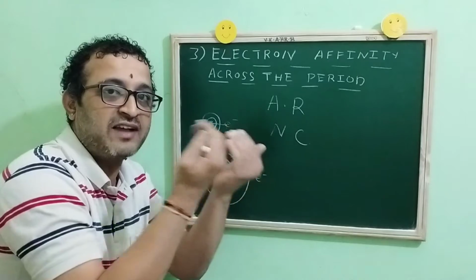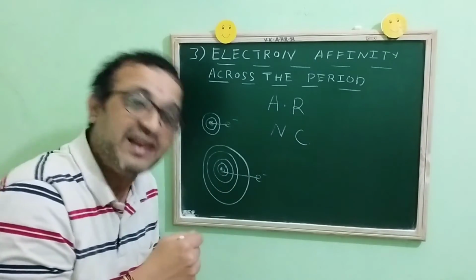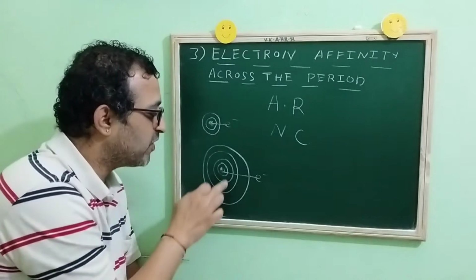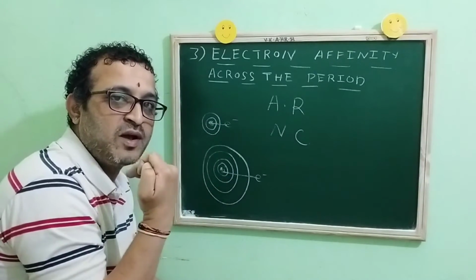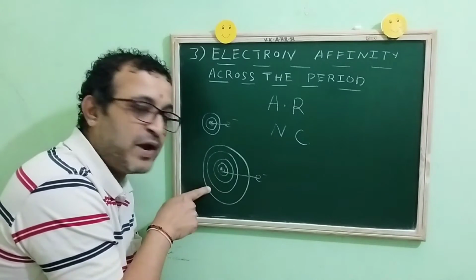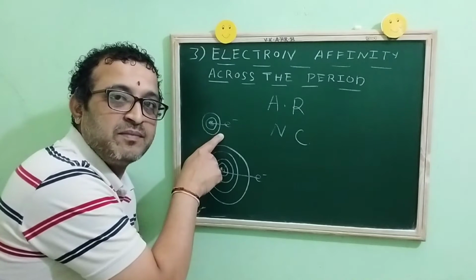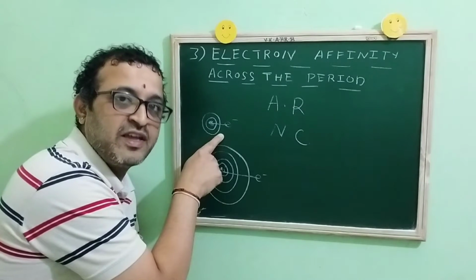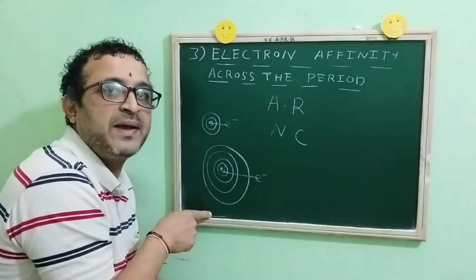Less. So, it will accept the electron less readily and it will release less energy. The conclusion from this is that the smaller atom will accept the electron more readily when compared to the bigger atom. So, the smaller atom is going to release more energy after accepting the electron when compared to the bigger atom.